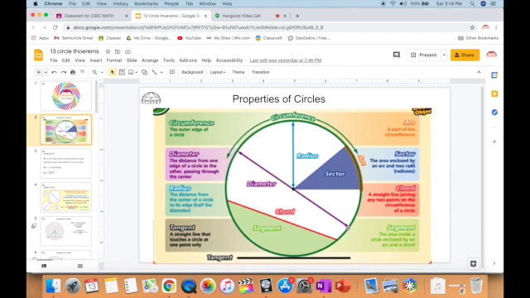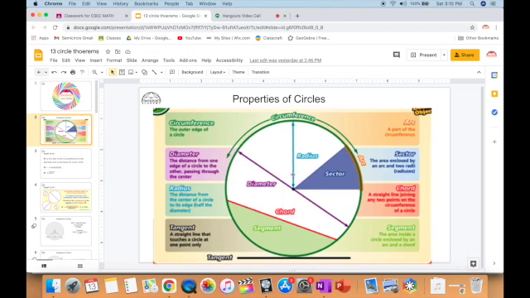If a chord passes through the center of the circle, we call it a diameter. So the diameter is the only chord that will pass through the center of the circle. And half of the diameter, so from the center of the circle to 1 point on the circumference, is called the radius.